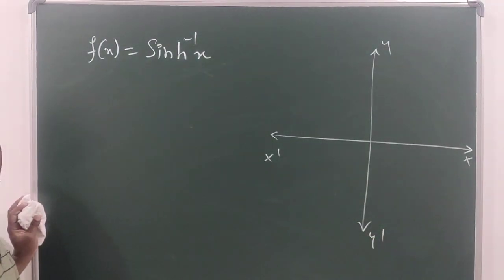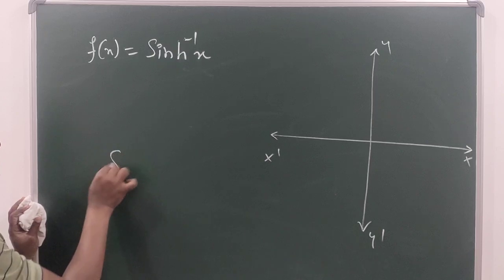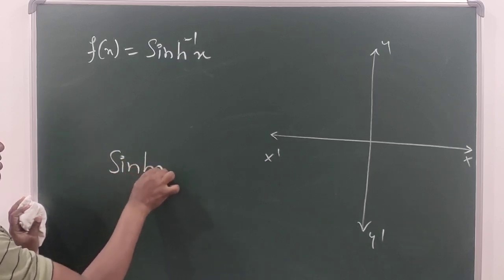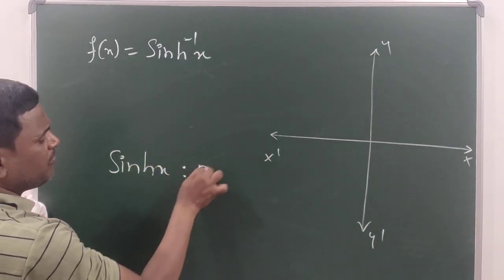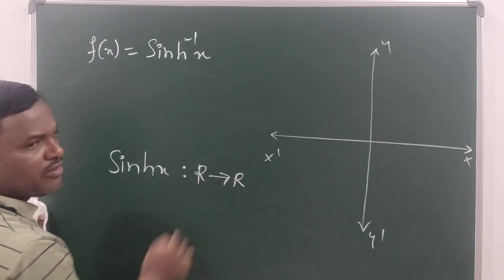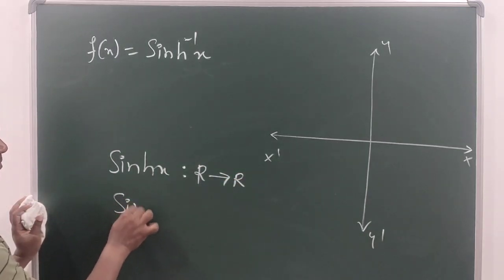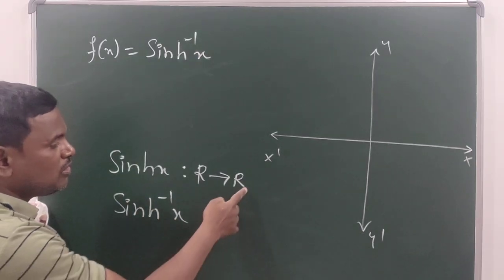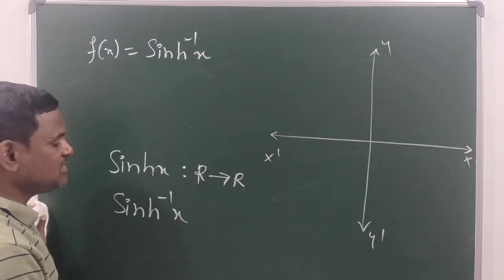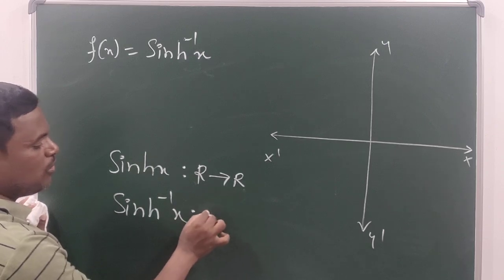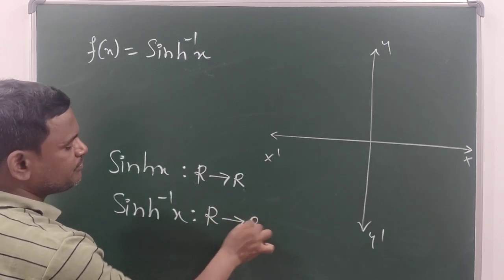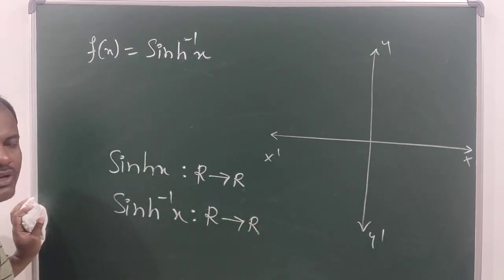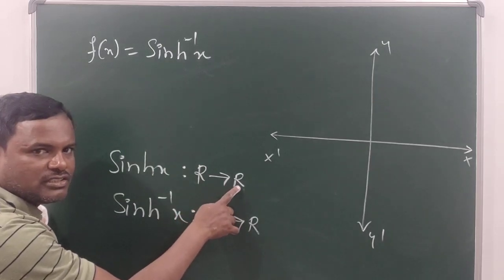The basic sinh x function is defined from R to R, whereas for its inverse function, sinh inverse of x, these two will be interchanged. So, R to R only.